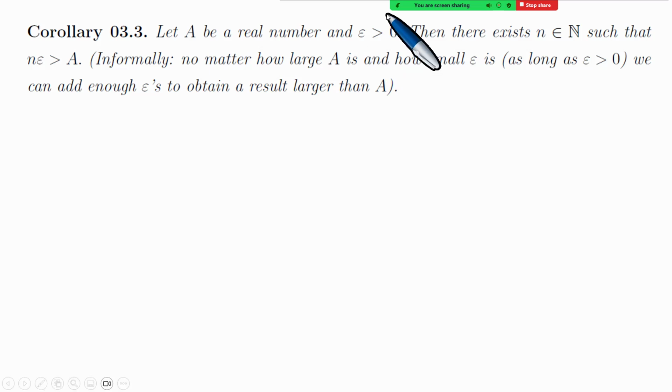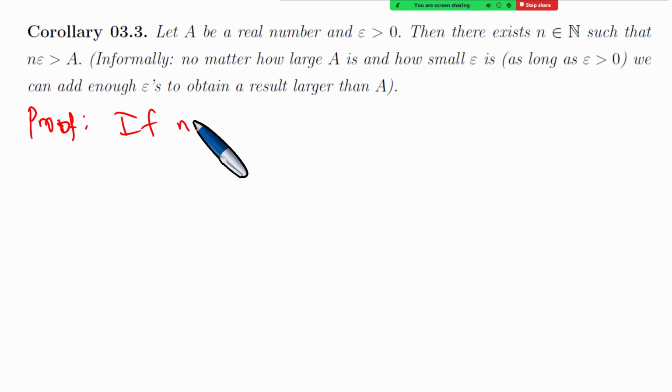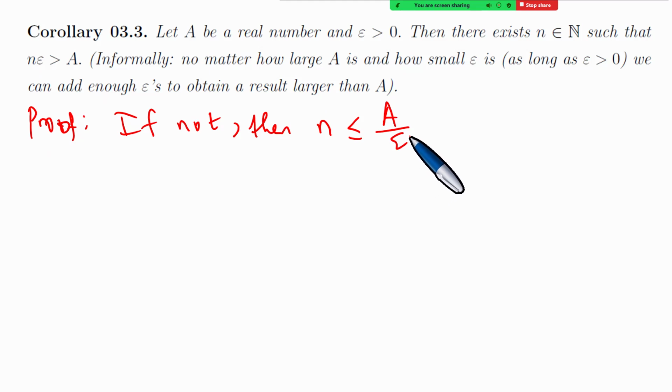Now, to prove this, we begin as follows. Let us look at the proof. If not the case, then you can have n that is less or equal to the number A over epsilon for every n in the naturals.